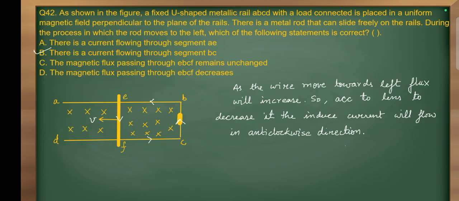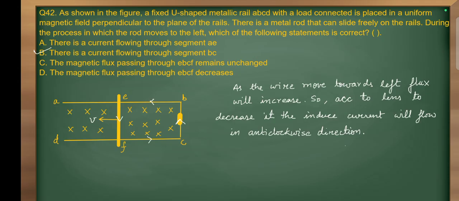Option A: there is a current flowing through segment AE. Since this segment is not closed, there will be no current flowing through this AE wire. There is a current flowing through BC wire. According to Lenz's law, the current will be produced in the direction FCBEF, so the current will flow through segment BC.